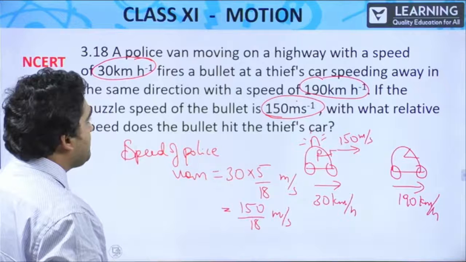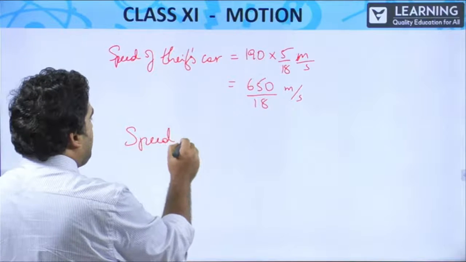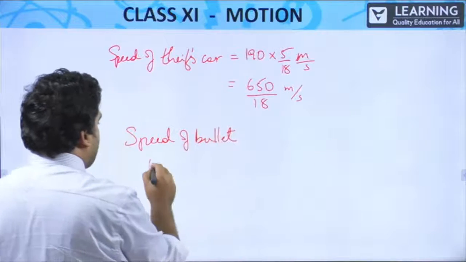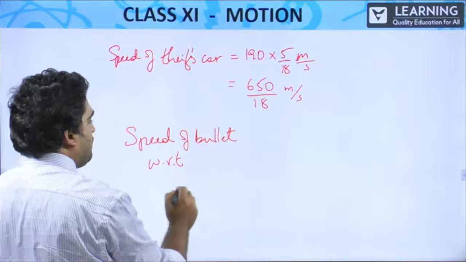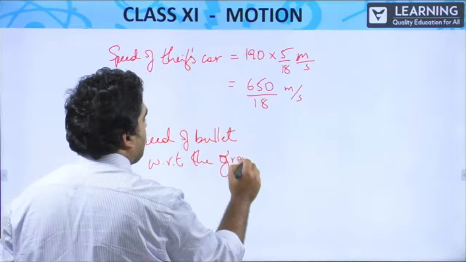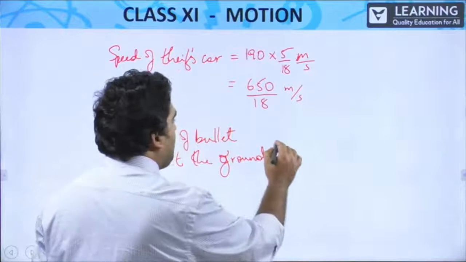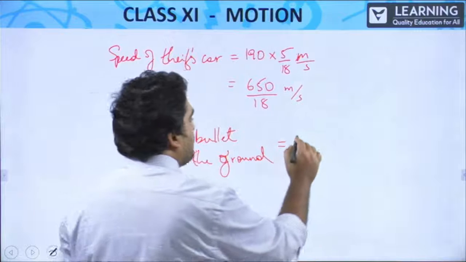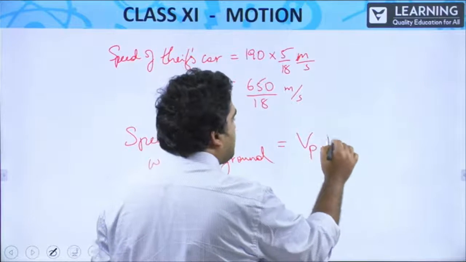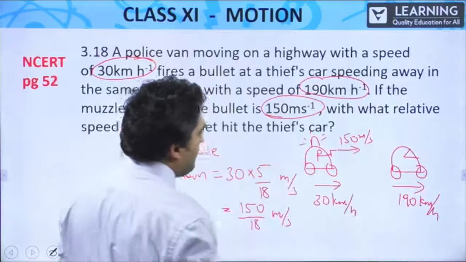So therefore, speed of the bullet with respect to the ground, let's put it as ground. The observer would be you, the ground, which is equal to the velocity of the police van plus the velocity of the bullet relative to the policeman.